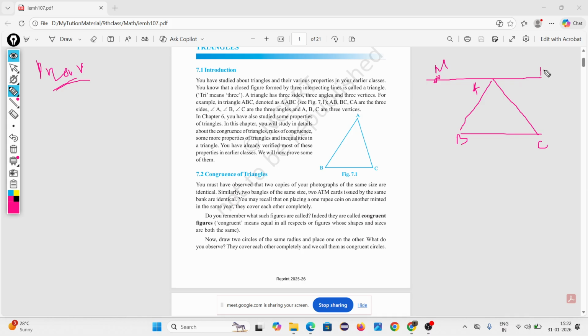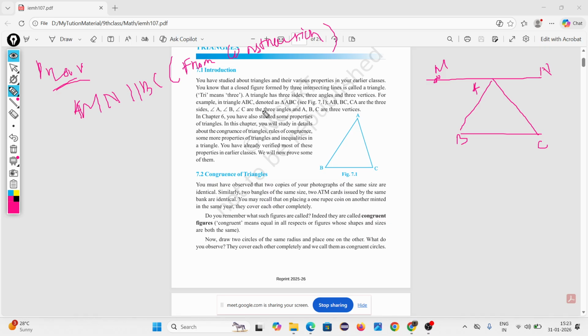The parallel line is MN. Okay? Then look. MN is parallel to BC, from construction.